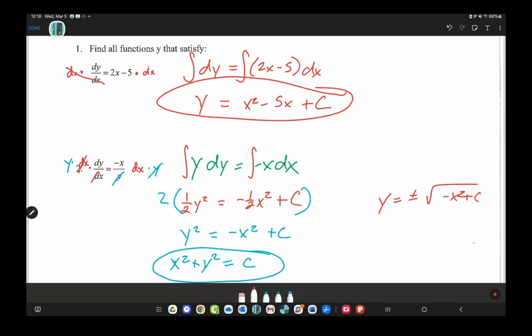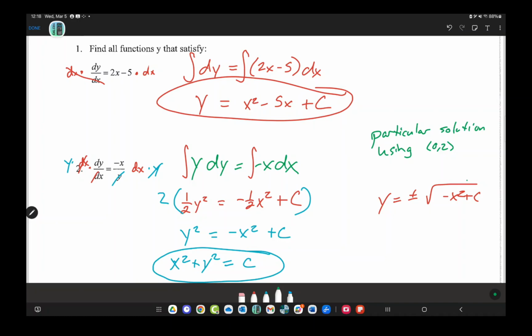That works. So this is just extra. If they give us find the particular solution using (0, 2), that means I plug in 0, I should get 2, right?